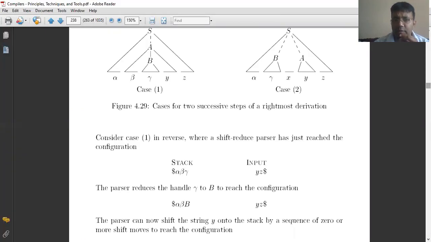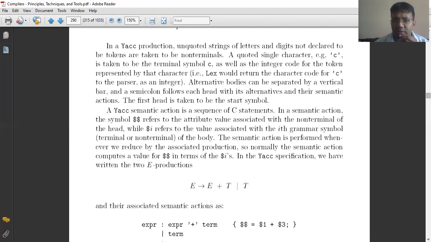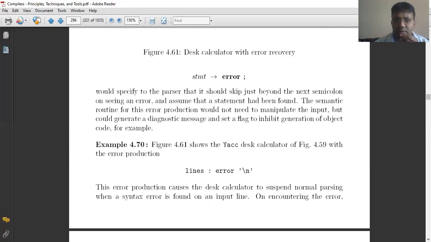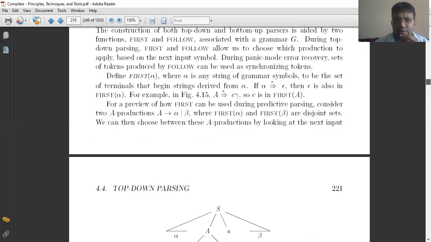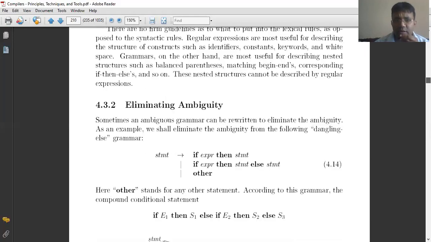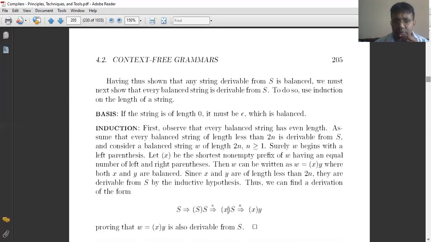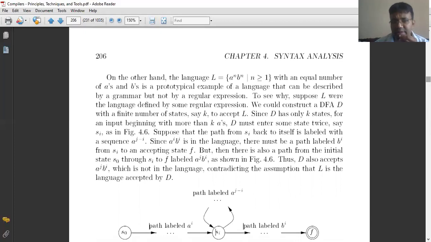Now we will move towards left recursion, and how to remove it. Just 1 minute, I'm just checking the examples. This is important, how this elimination happens. We discussed left recursion in the previous lecture as well.